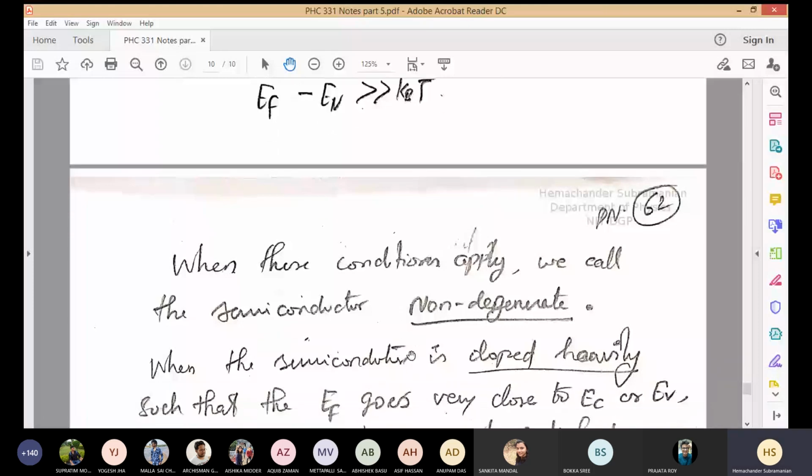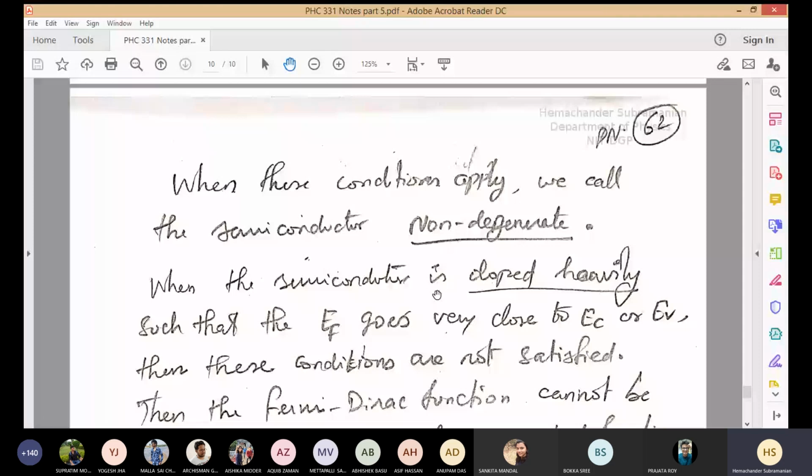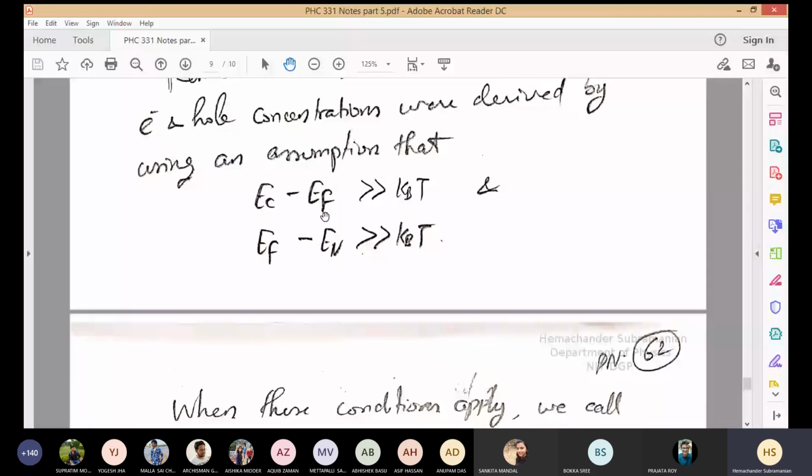When would the degeneracy condition happen? That happens when the Fermi energy, EF, goes very close to the conduction band or very close to the valence band. That happens when you dope the system really heavily. When you really heavily dope the system, the Fermi energy goes far away from the intrinsic Fermi energy towards the conduction band or towards the valence band.